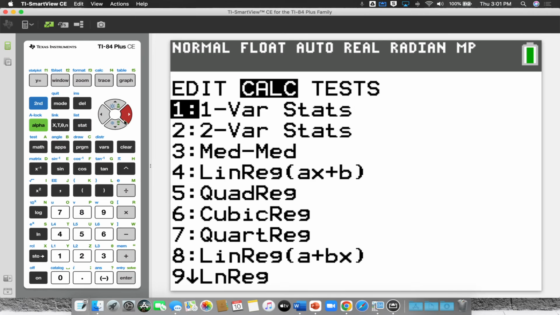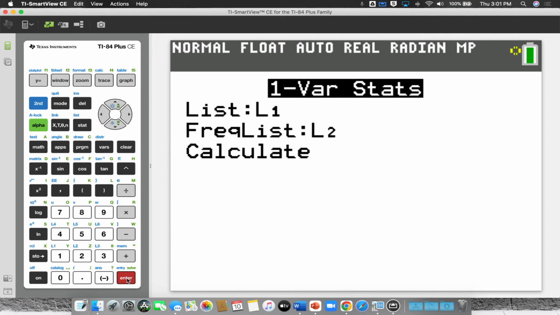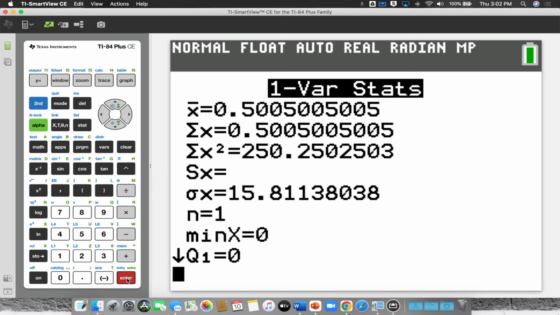Stat, Calc, 1-Var Stats. My list is in L1, my frequency list, my probabilities, are in L2. Calculate. Top one we already got. Now we need the standard deviation. Standard deviation's 15.811.